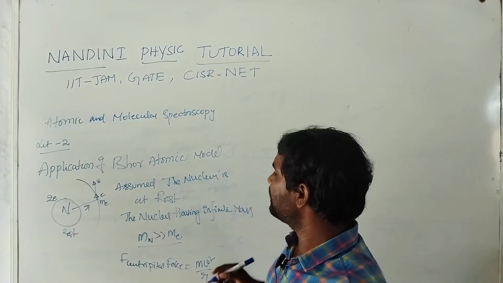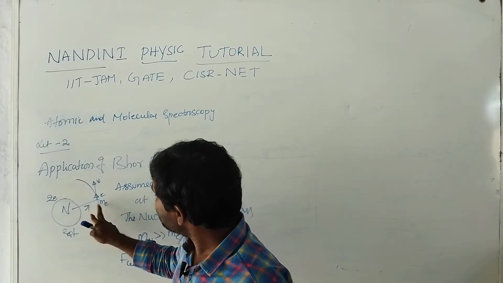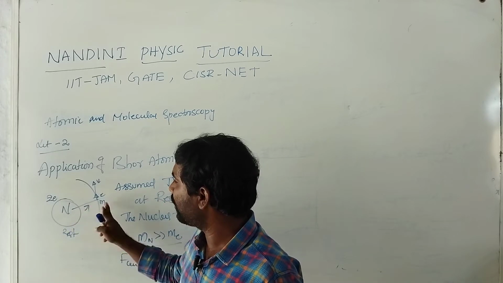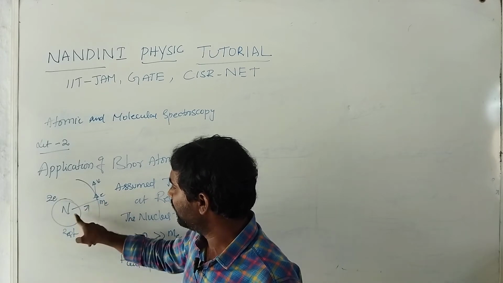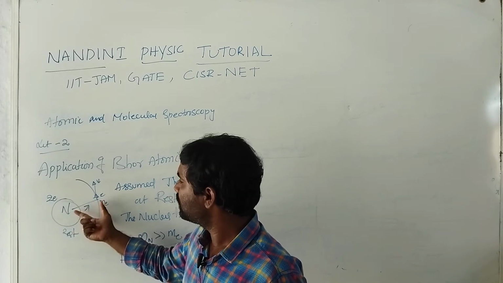In the same way, there is a charge on the nucleus and the electron. According to classical electromagnetic theory, an attraction or repulsion force exists between these two charges.